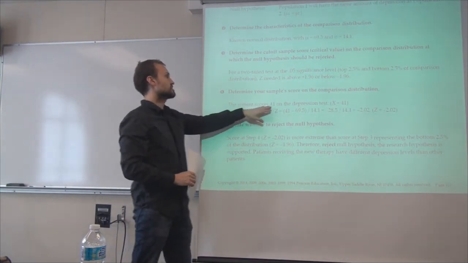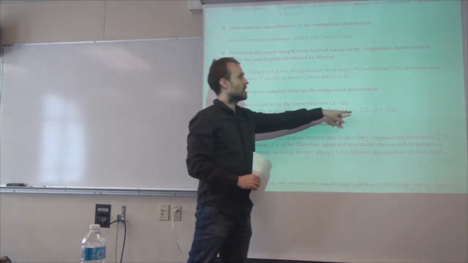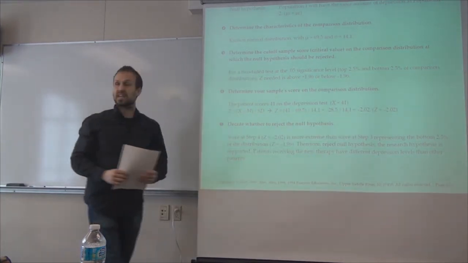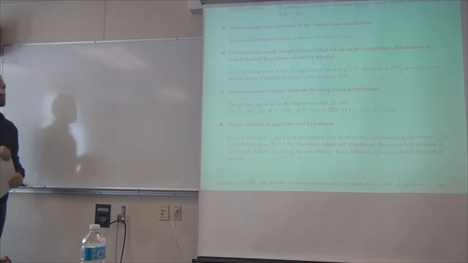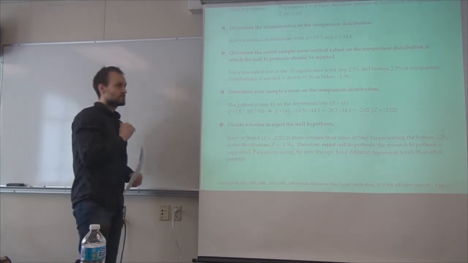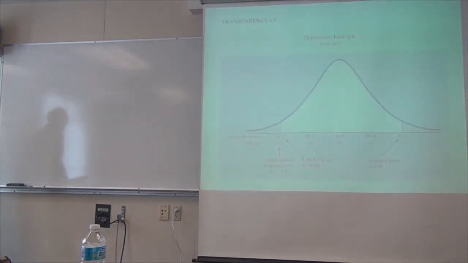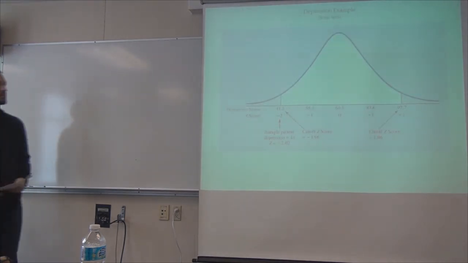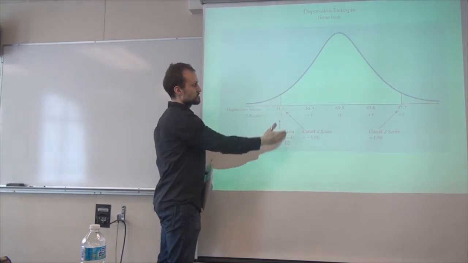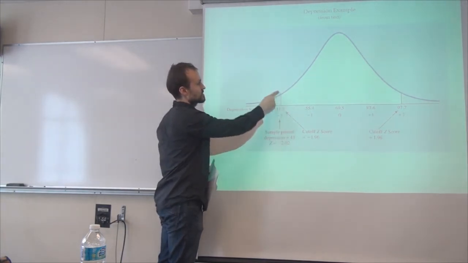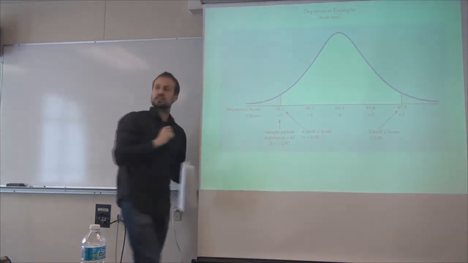So the patient score is then a 41, which corresponds to a z-score of negative 2.02, negative because it's below the mean, and it's just past my critical score on the left. So my critical score, my cutoff, is over here with 2.5% on the left. The patient's score just falls under that.